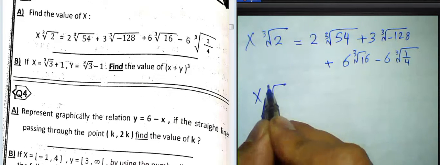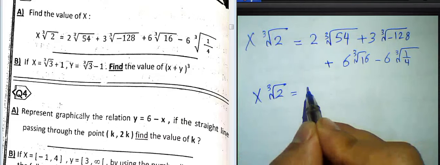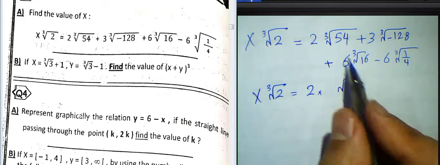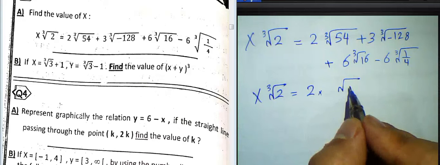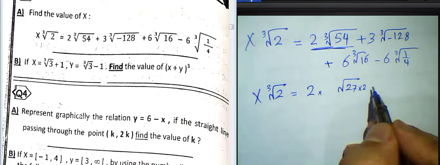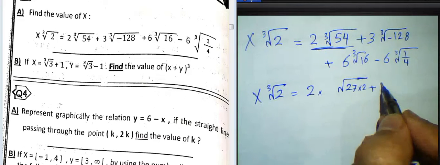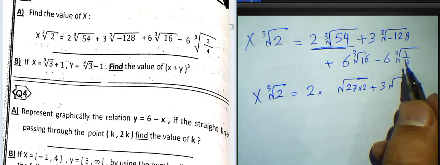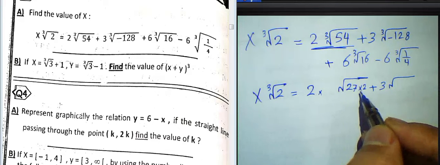We can write x multiply cubic root of 2 equals the cubic root of 54, which is 27 multiplied by 2. We write 27 multiplied by 2 for this term, and 3 times the cubic root of 128, which we write as 27 times 4.